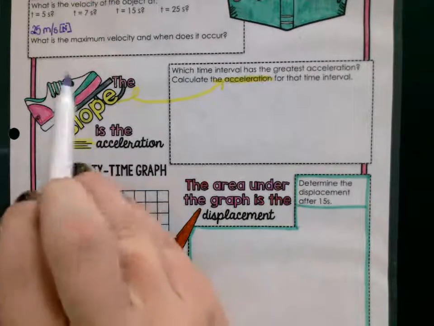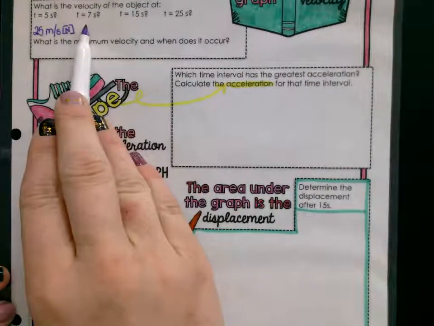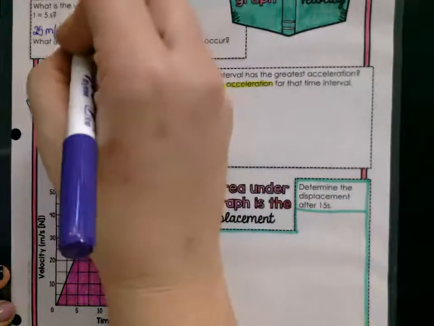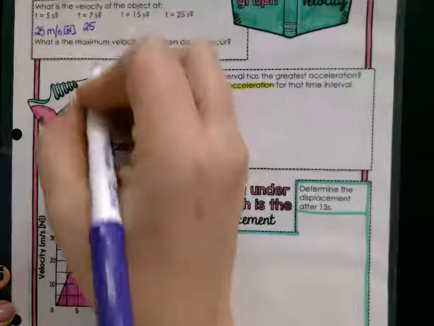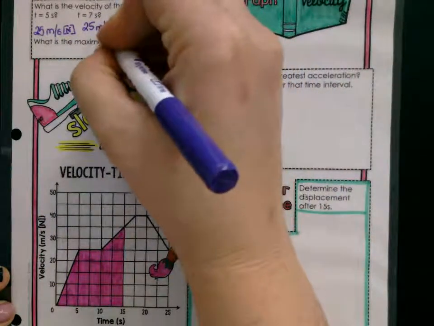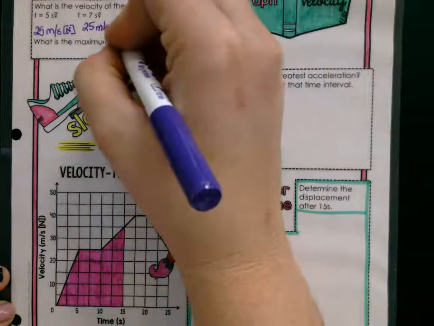So the next question wants the velocity when the time is 7 seconds. So we're going to go to the graph and find 7 seconds. It's in between 7, right about here. And we're going to get the same thing. So the velocity is 25. Remember your magnitude, your units, meters per second north.